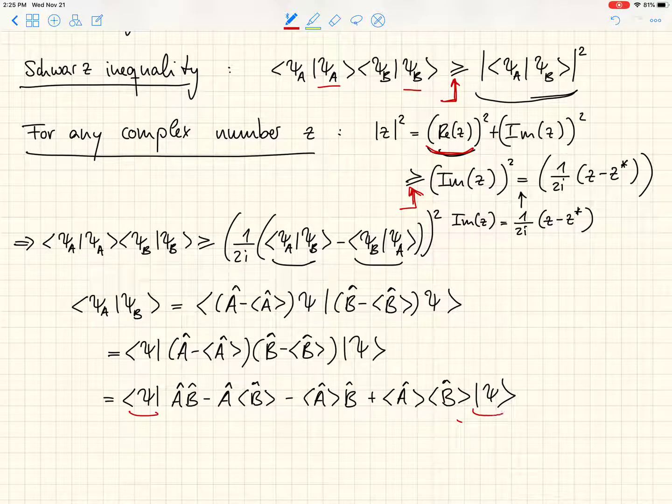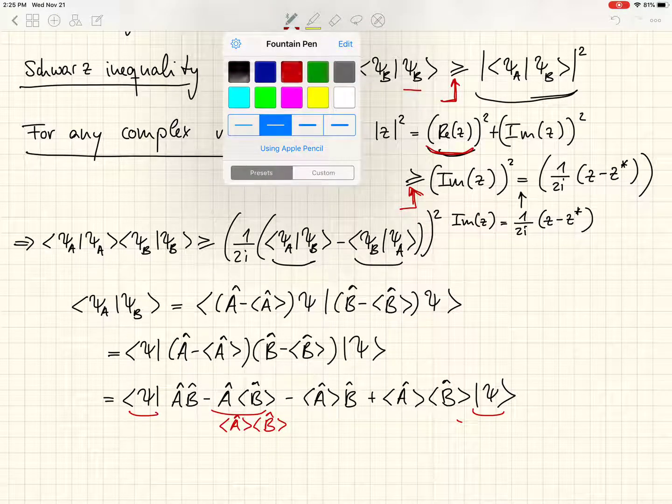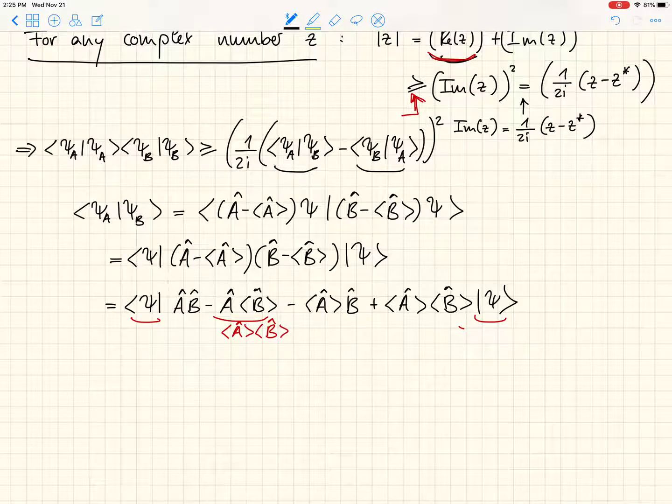If I evaluate the whole thing, this comes out to be simply the expectation value of A times B with respect to psi minus the expectation value of A times the expectation value of B.